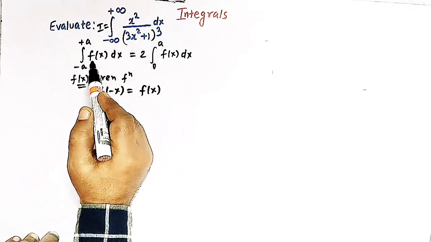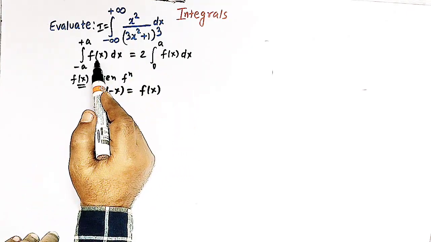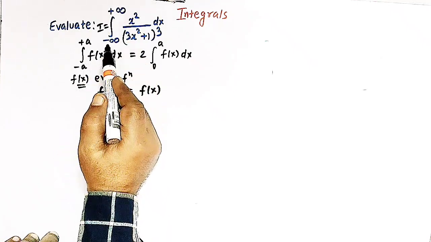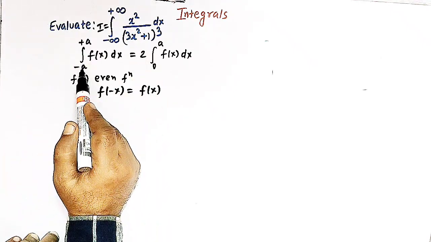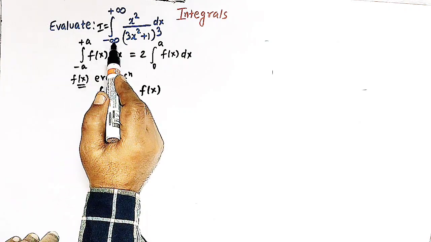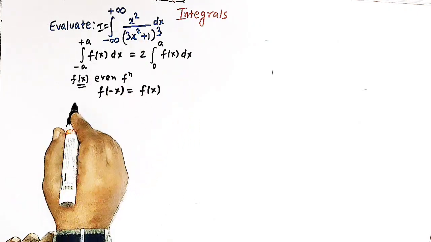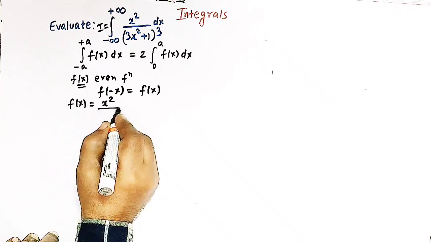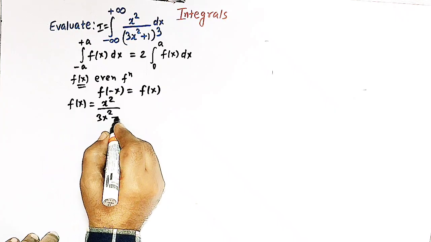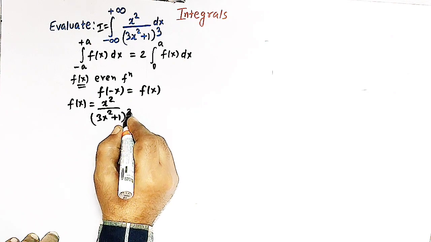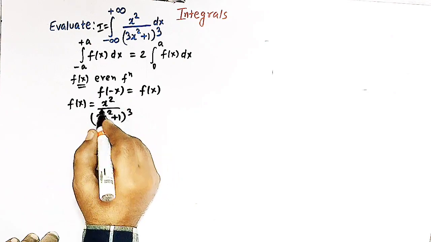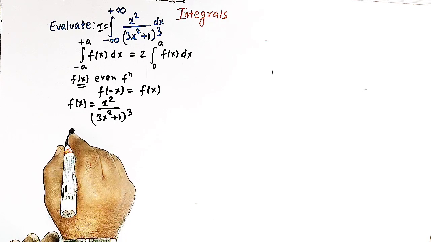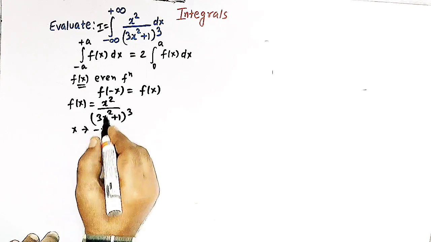So here if we compare this integral with this one, then the limits are from minus a to a, that is minus infinity to infinity. For a we have infinity, and the integrand f of x is x square over 3x square plus 1 cube, right? And this function is an even function, which we can see easily by replacing x by minus x.